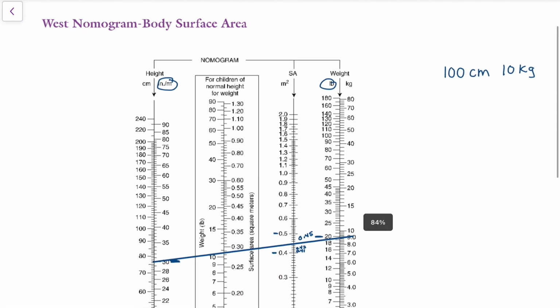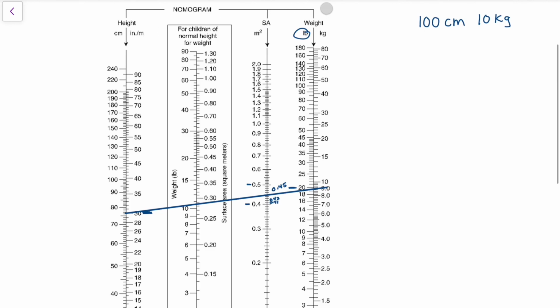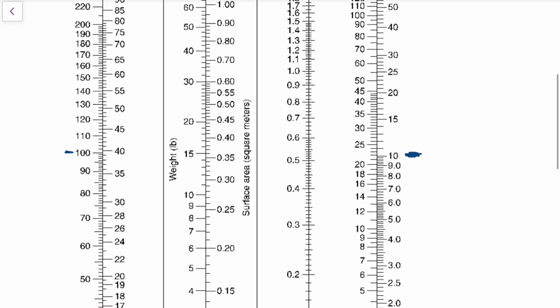Let's look at our chart. And 100 centimeters is going to be right there, and 10 kilograms is right here. So I'm on the right-hand side of that line. So let's try and be as accurate as we can.